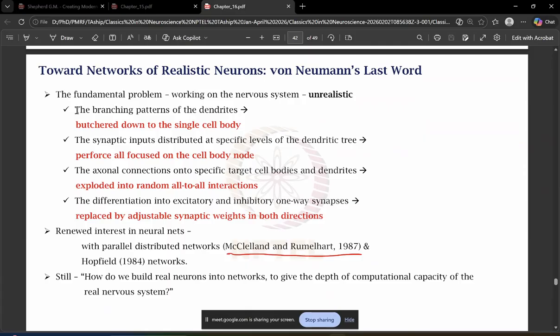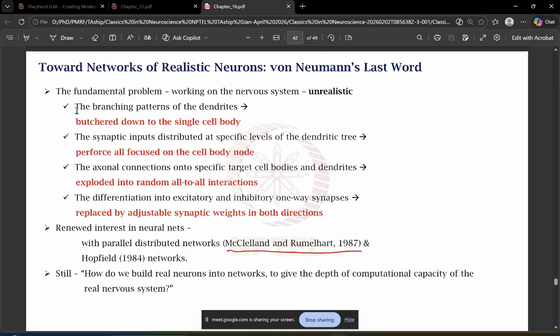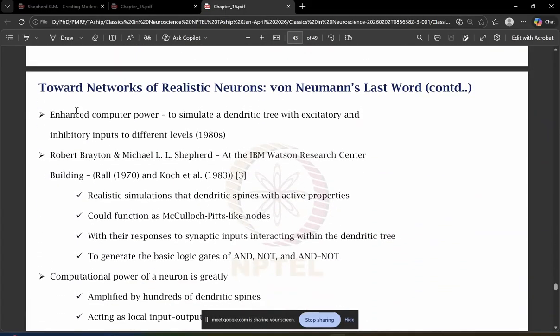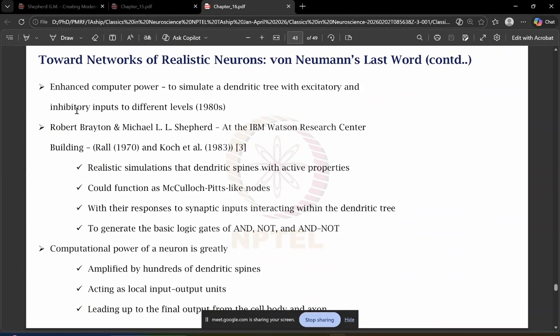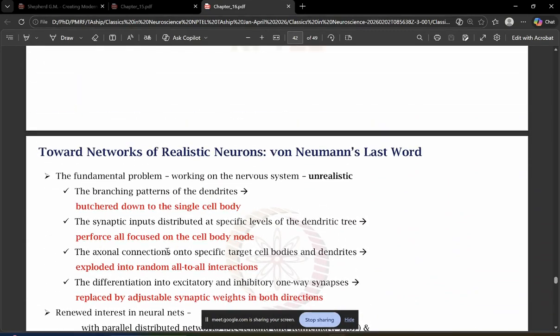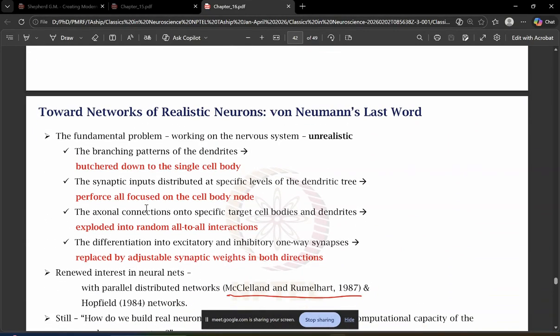Initially, when McCulloch and Pitts described their neurons, the problem was that those kinds of networks that were initially being described were butchering the branching patterns of dendrites.